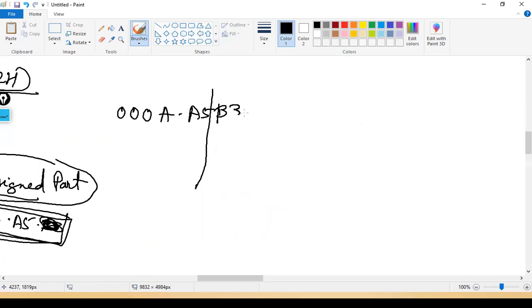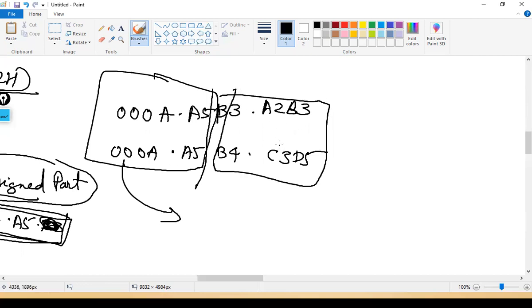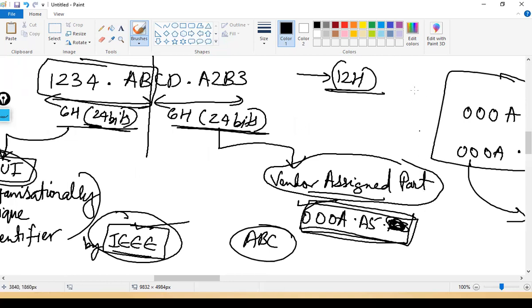Suppose some NICs will have A2, B3, something like this, and another one will have A5, B4, C3, D5, like that. So this OUI helps you to identify the organization. Clear? Okay. And this part is assigned by my own company, and that is why it's called vendor assigned part. Clear, guys? Okay. So this is the NIC card.